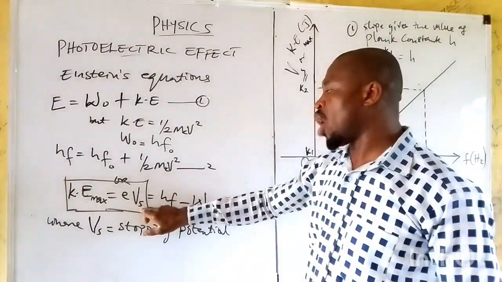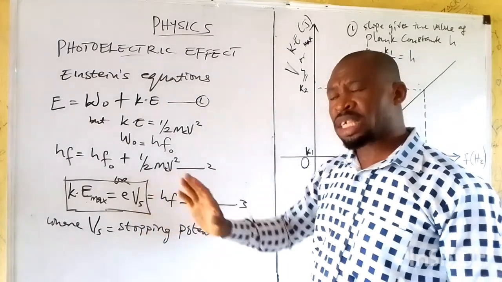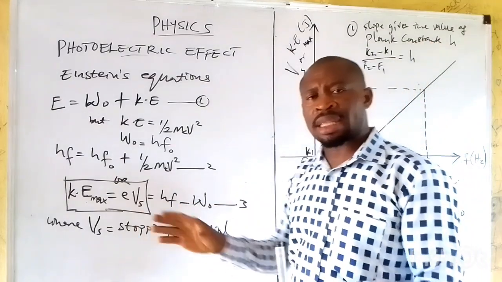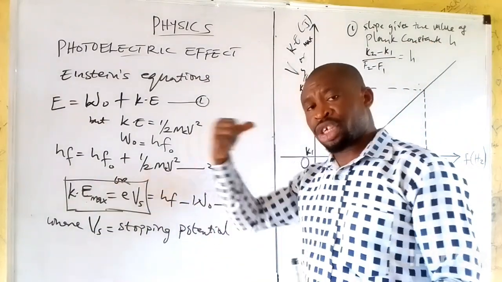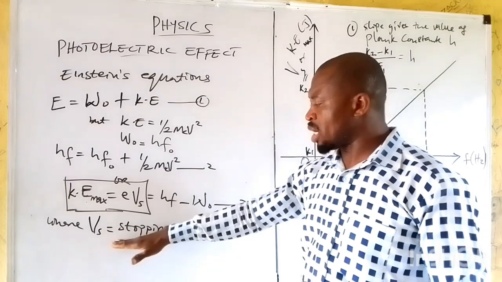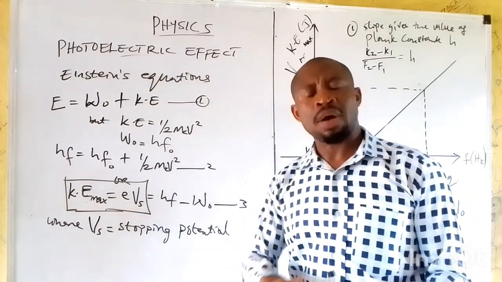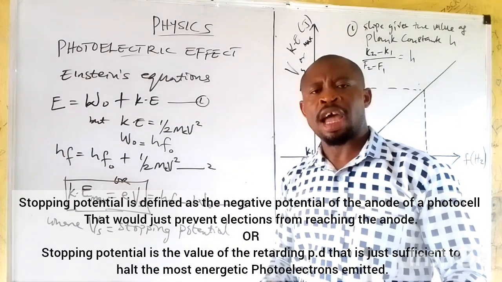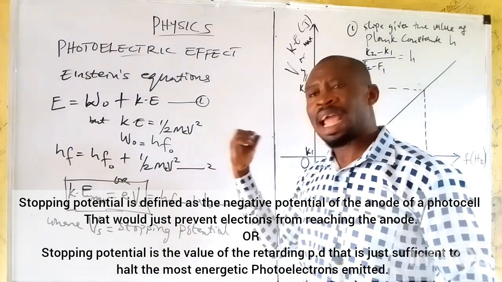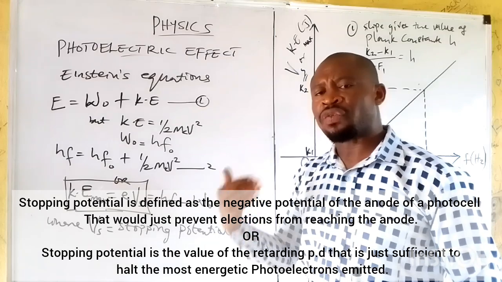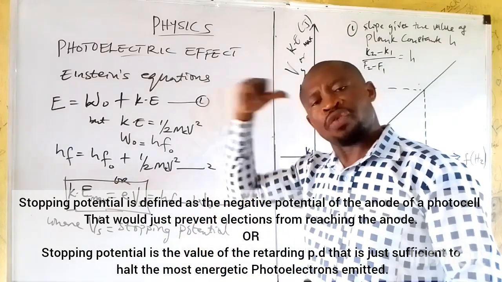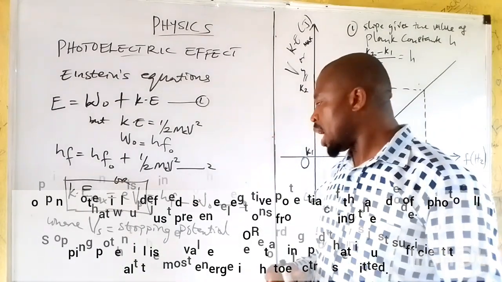It is the function of the stopping potential to halt that emitted electron from reaching the anode. So the stopping potential is the retarding PD or negative potential of the anode, which is just sufficient to halt the most energetic electron from reaching the anode.